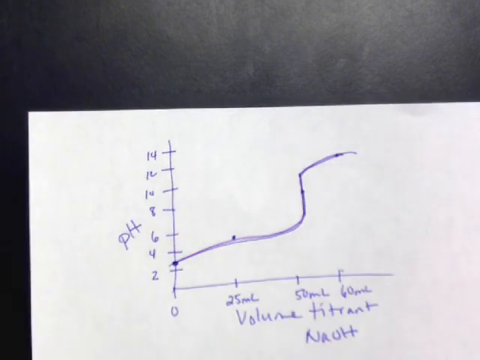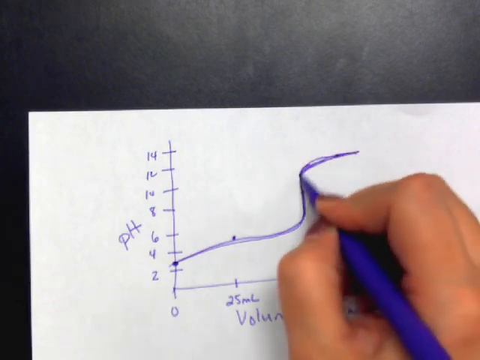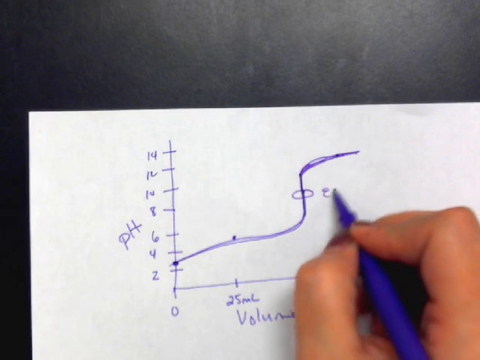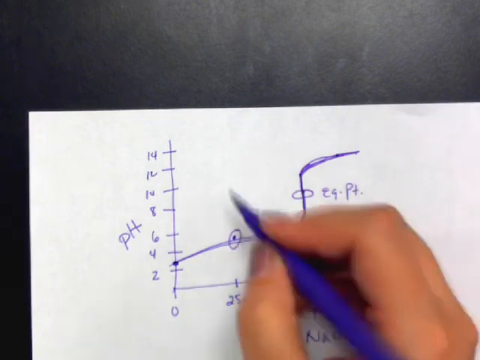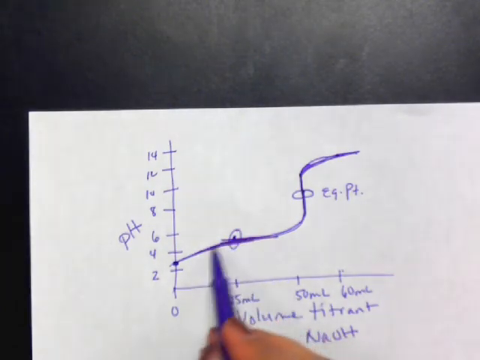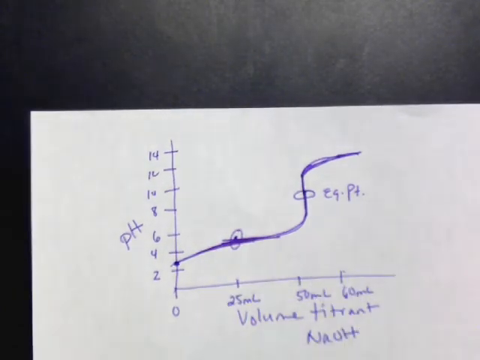So it's got to have that S shape to it. And again, your equivalence point should be in the middle. And your half equivalence point is in this flat region where we don't see very much change at all, and that's because that's the buffering region, where we have a buffer because we have some of both our acid and our base present.